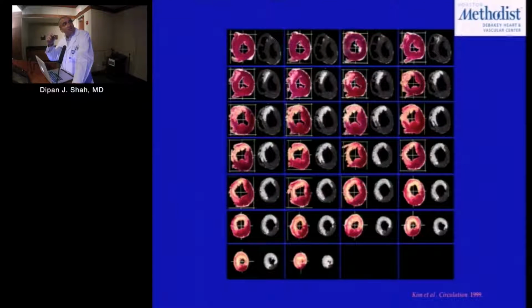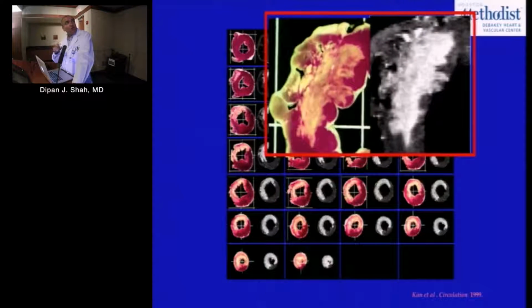So you can see in this animal where the LAD was ligated, you've created an infarction that you can see on the histopathology, and in fact you'll notice areas of bright or hyperenhancement on the MRI that correspond exactly to those same areas. And in fact, if I show you one of those side-by-side comparisons and blow it up, you can see that what MRI is able to give you is almost an exact match to what you see by histopathology.